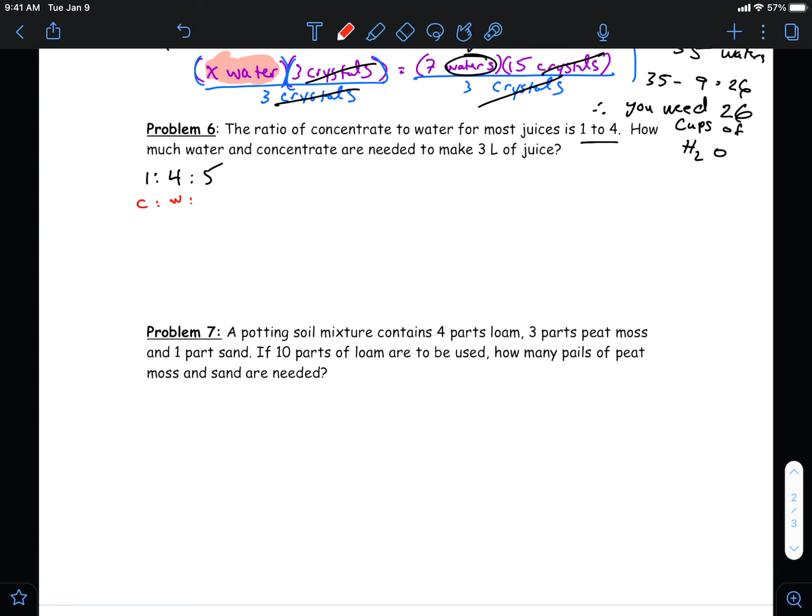There are a few different ways to tackle a question like this. What I found is you break this into 2 pieces. If I look at this piece here, concentrate to the total, then I could go 1 divided by 5. Do we happen to know what 1 divided by 5 is off the top of our heads?